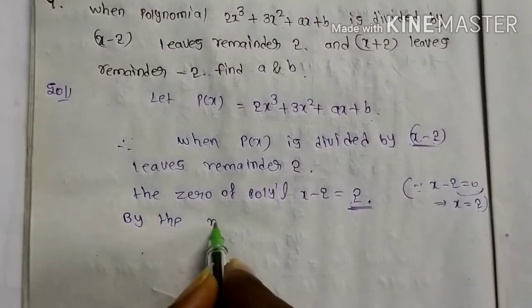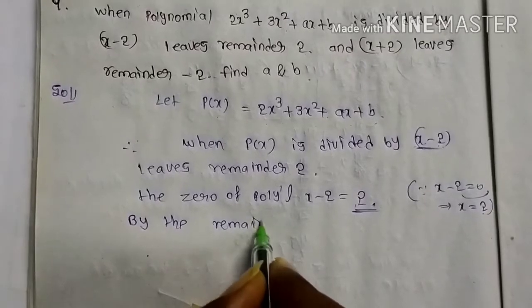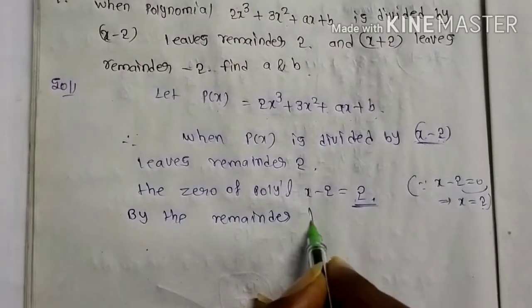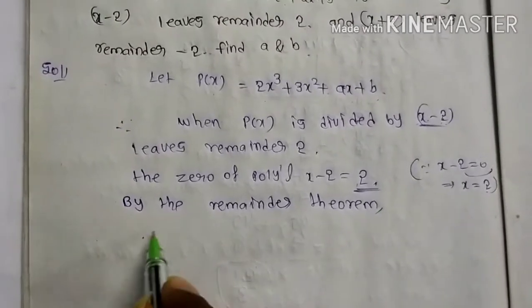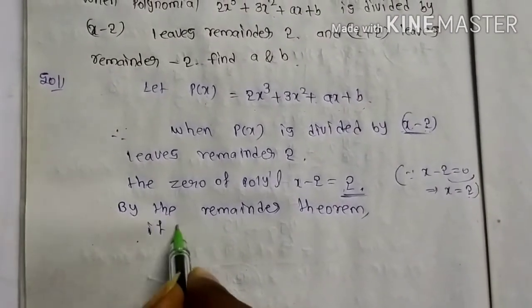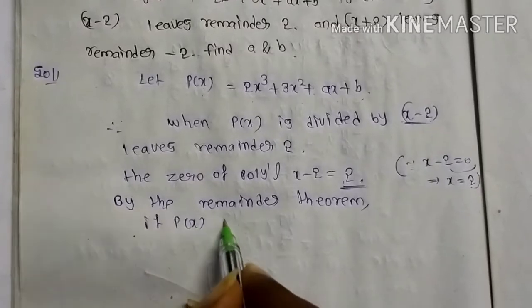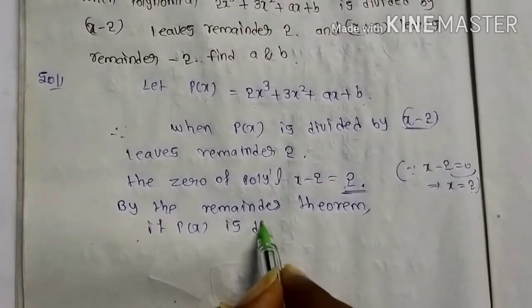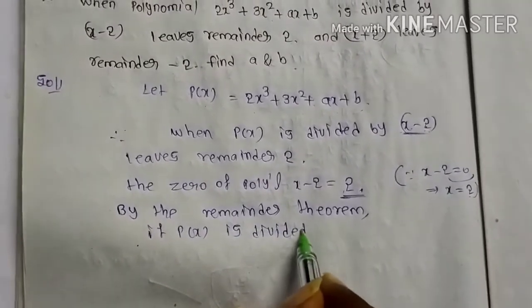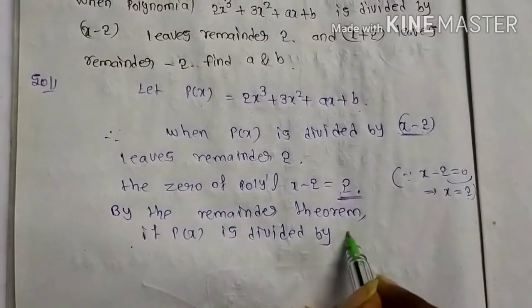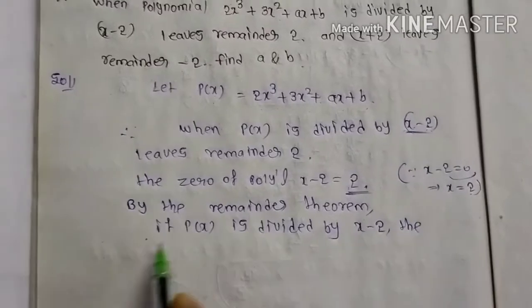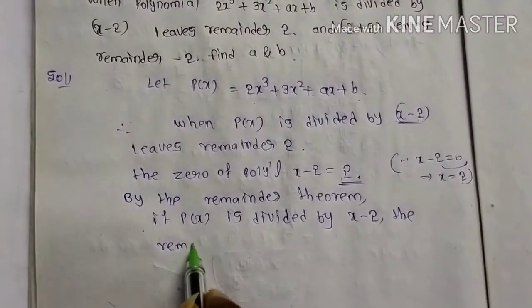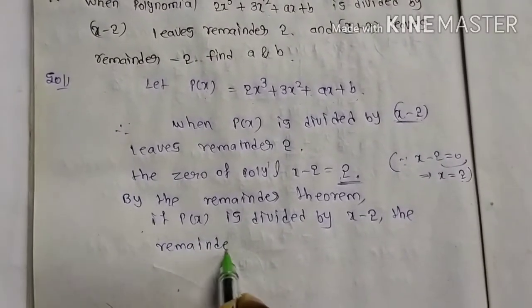By the remainder theorem, if p of x is divided by x minus 2, the remainder is how much?